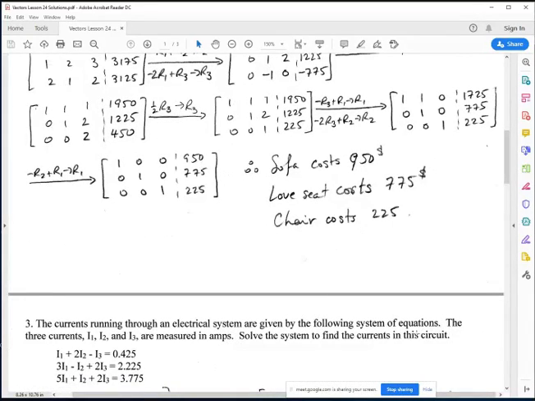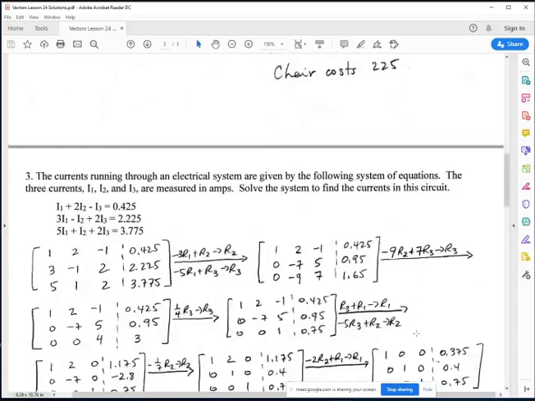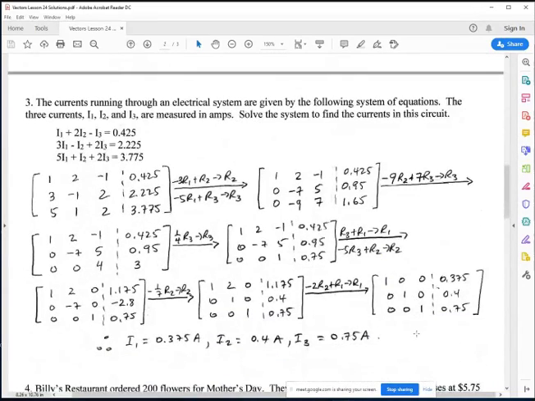So this one here is a bit of an application question. This is one of the reasons why, if you're studying any kind of engineering, you're definitely going to be taking a linear algebra course.